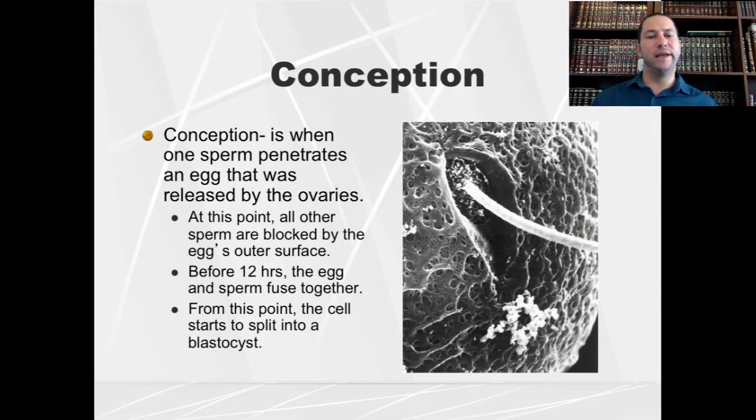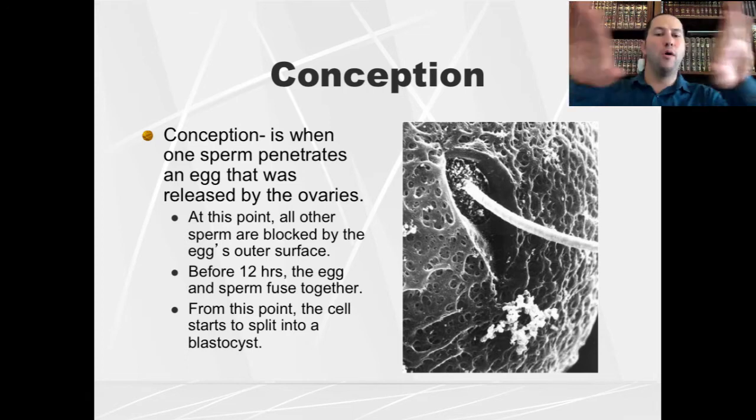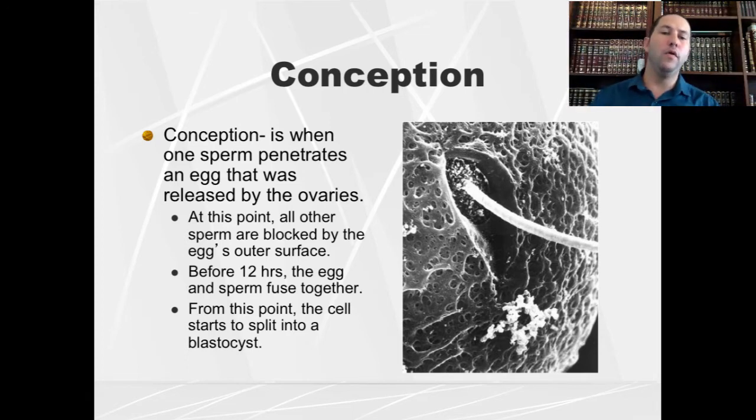So congratulations. Let's assume that you wanted conception to take place. This is what conception looks like under the microscope. So you'll see that that sperm is burrowing in to the ovum. And eventually what it's going to do is it's going to fuse together. And then once one sperm penetrates the egg, it's like Fort Knox.